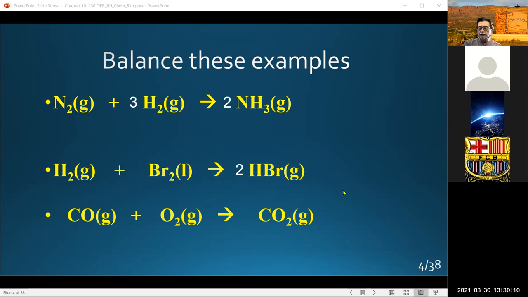Well, maybe if I look for an even number, if I put 2 in front of carbon dioxide, it gives me 4 oxygens, but my carbon goes up, okay? So I need a 2 in front of carbon monoxide to give us 2 carbons, which by default now gives you a total of 4 oxygens, 2 in the form of carbon monoxide and 2 in the form of oxygen. Okay. All right.